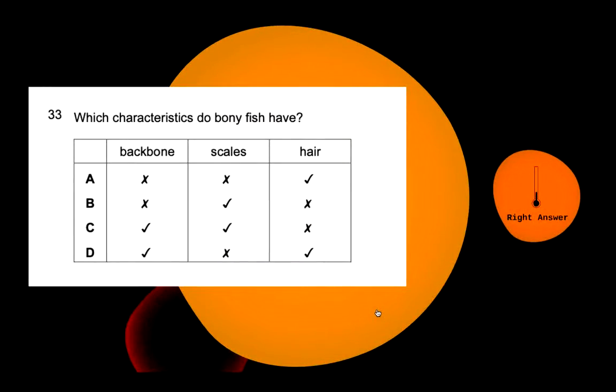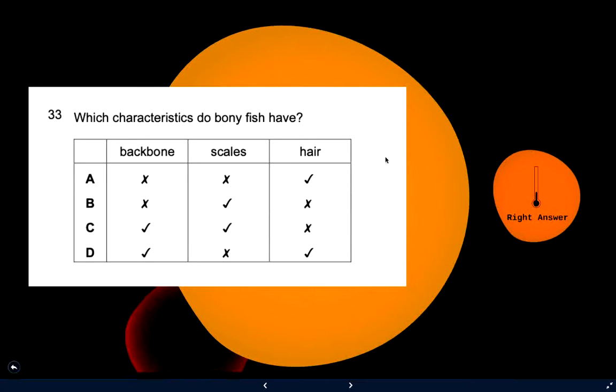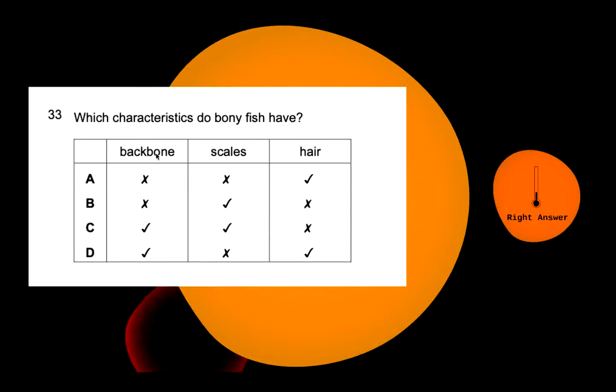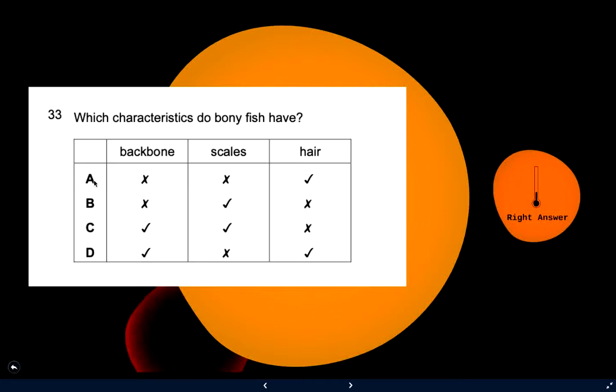Which characteristics do bony fish have? So again, we have fish in here. Like what I've said, fish is considered a vertebrate, right? So if you're going to take a look, you will check backbone because a fish is a vertebrate. So there should be a check in there. That leaves A and B incorrect because it has X's in it.